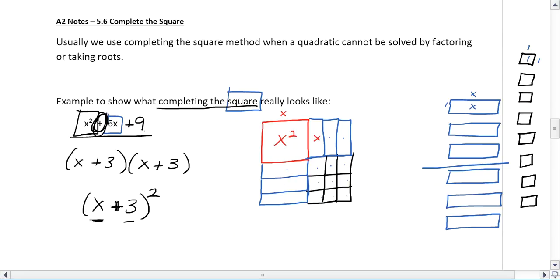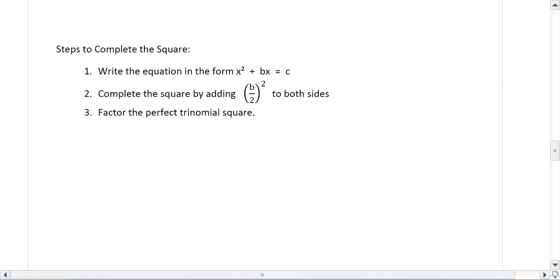If it's positive, this is a plus; if it's negative, it's a minus. And of course, it's a perfect trinomial square, so there are 2 of these, so we just write it as x plus 3 quantity squared. This is a visual representation of what completing the square looks like, and a perfect trinomial square really truly is a square.